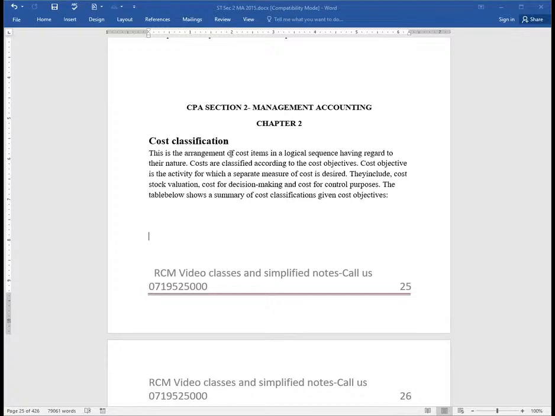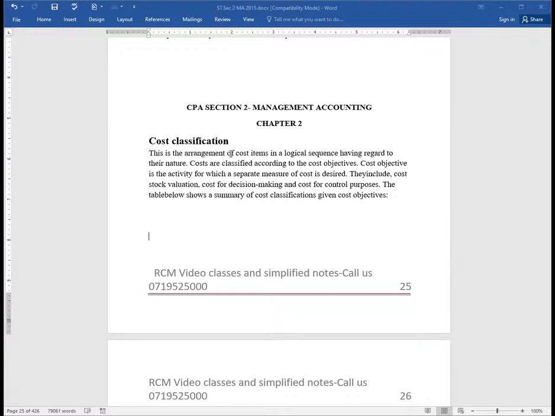Cost objective is the activity for which a separate measure of cost is desired. They include, for example, this particular activity of valuation of our stocks. So then we'll be having costs classified in accordance with stock valuation.